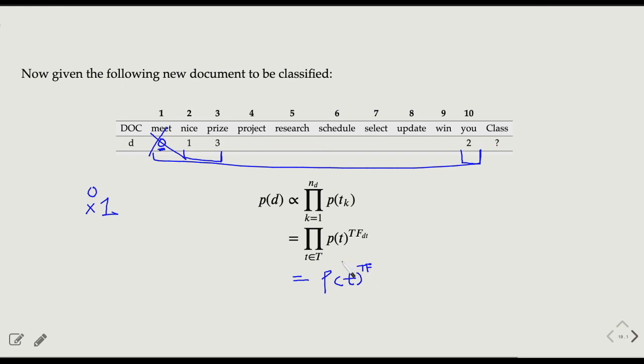Okay, and then we multiply them together. So in this case, it's going to be the P of nice to the order of 1, because it appears once, times P of price to the order of 3, and then times P of you to the order of 2.